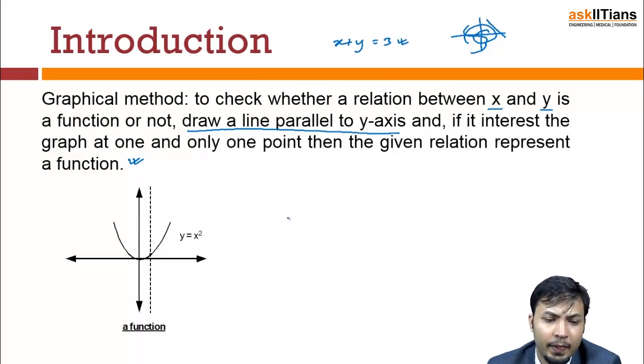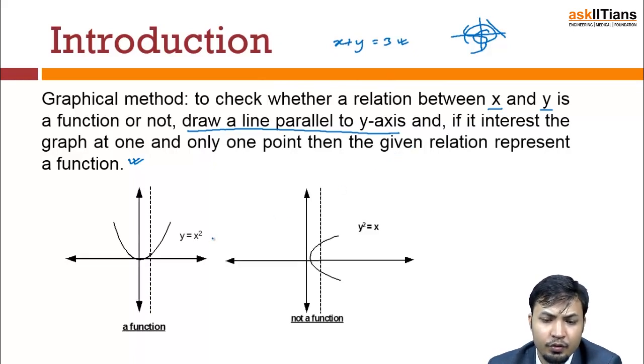Now, how do we basically do it? Let's see. These are the two different examples that I have. What I did is I drew a line parallel to the y-axis over here, and then the graph I need to draw. This is my graph. This is my f(x), which is equal to my y here.